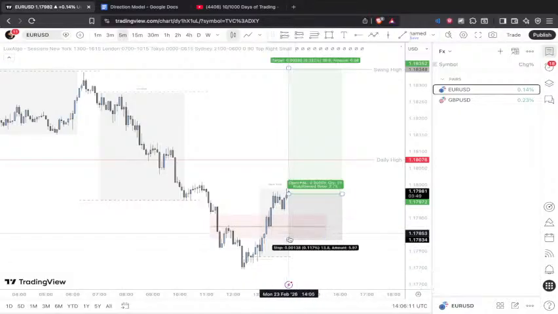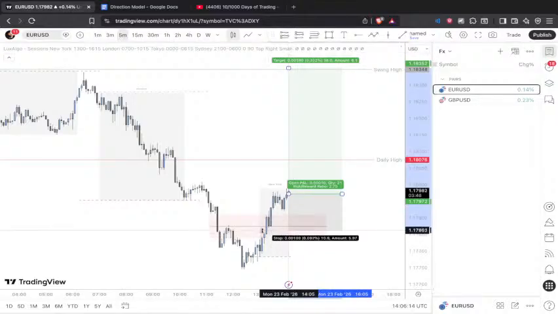Might change the listing here. Template.